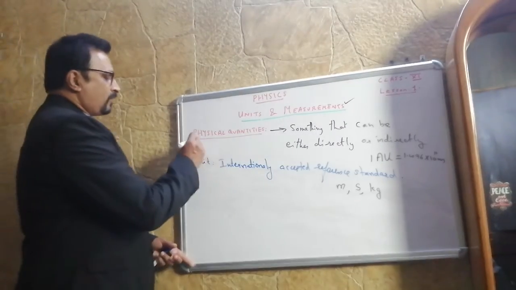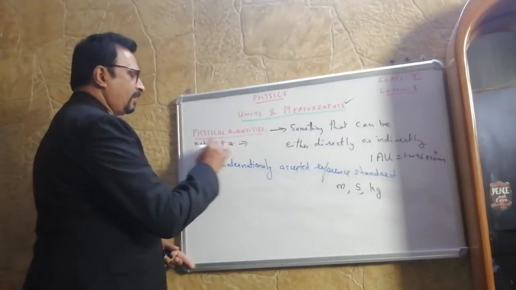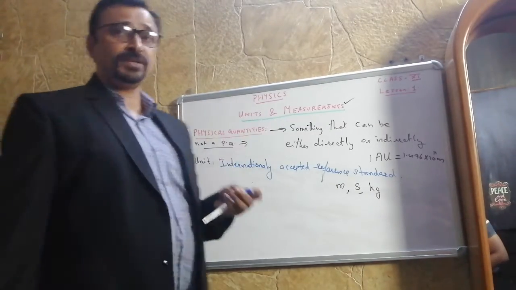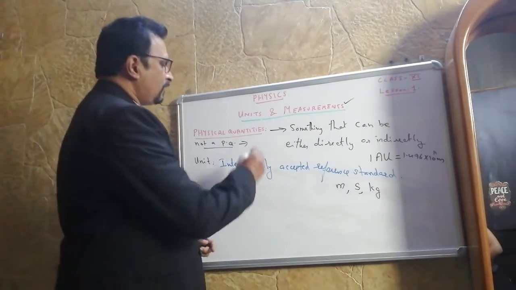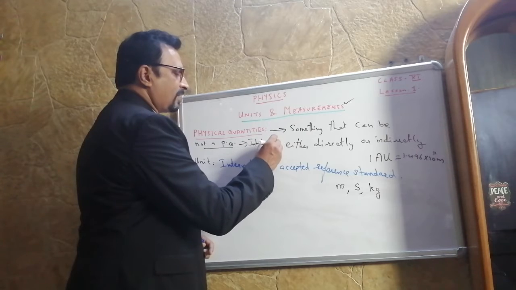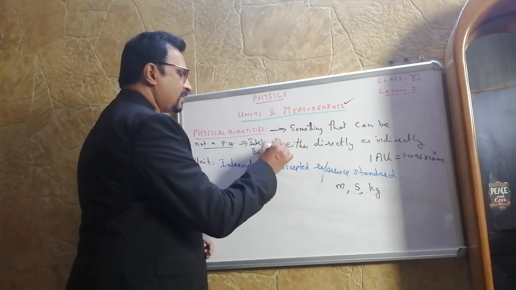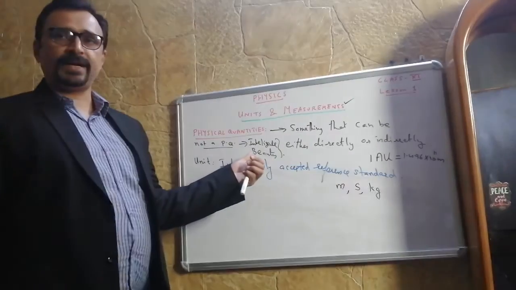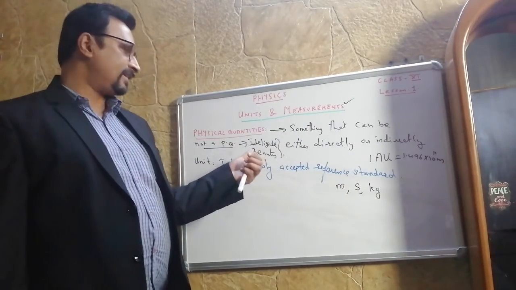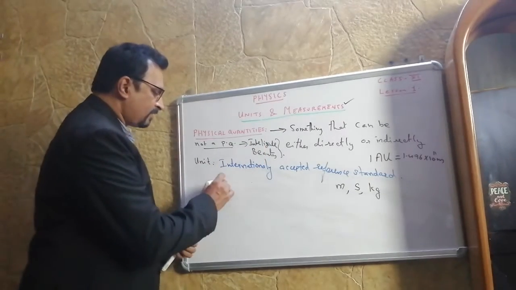Now give an example that is not a physical quantity. Means something that cannot be measured directly. One example I already told you: intelligence. How much intelligence you are. Intelligence, beauty. These types of quantities you cannot measure directly. Definitely some indirect techniques are there. For example, intelligence quotient. I think you heard the word IQ.